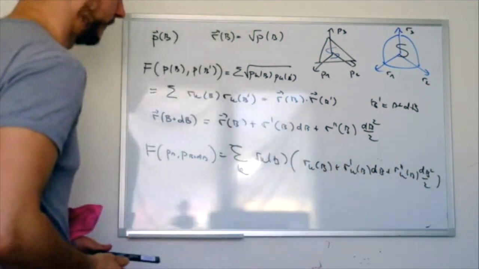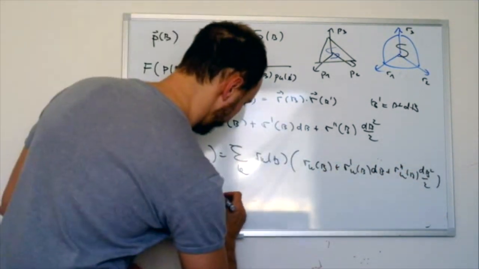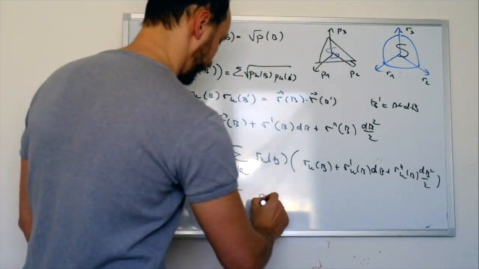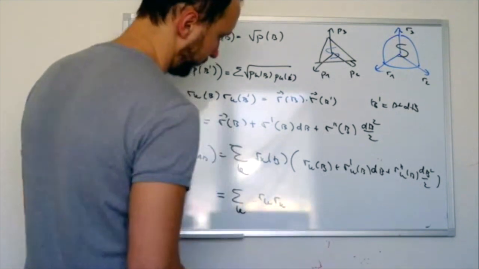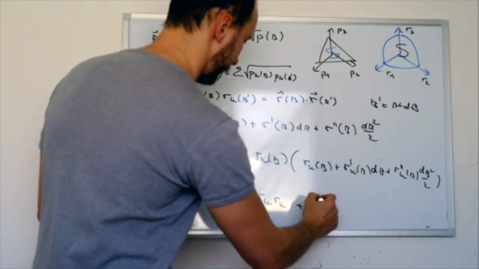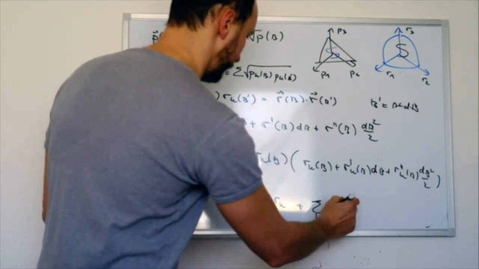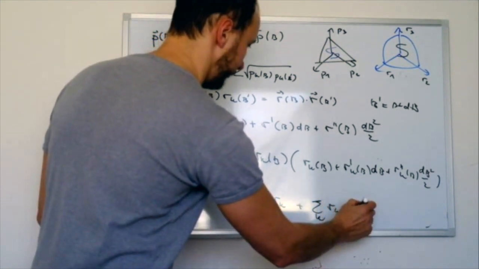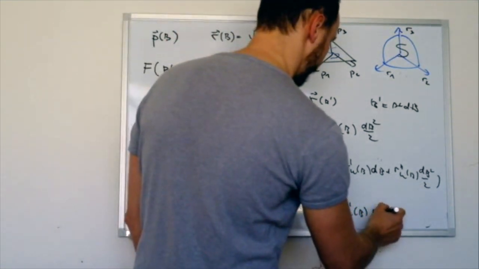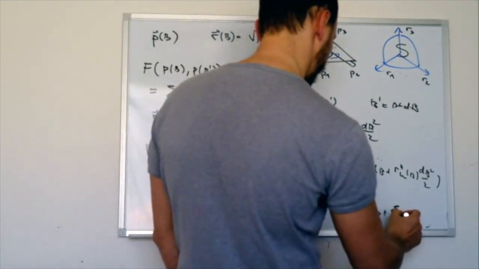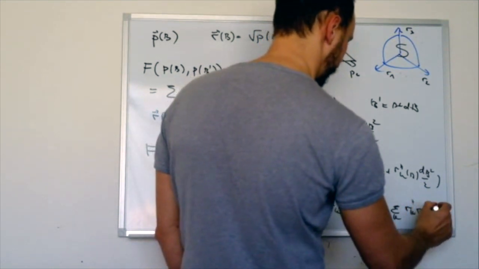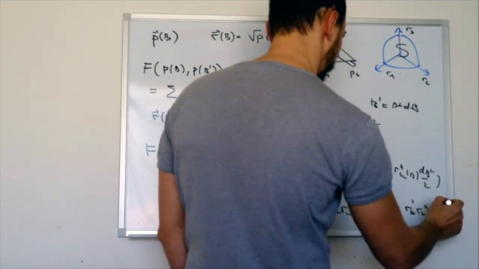All right? Let me write it now. So first, the sum over k of Rk of B squared, plus the sum over k of Rk prime of B times Rk of B dB, this is the second order term, and the final one is plus the sum over k of Rk times Rk double prime dB squared over 2.